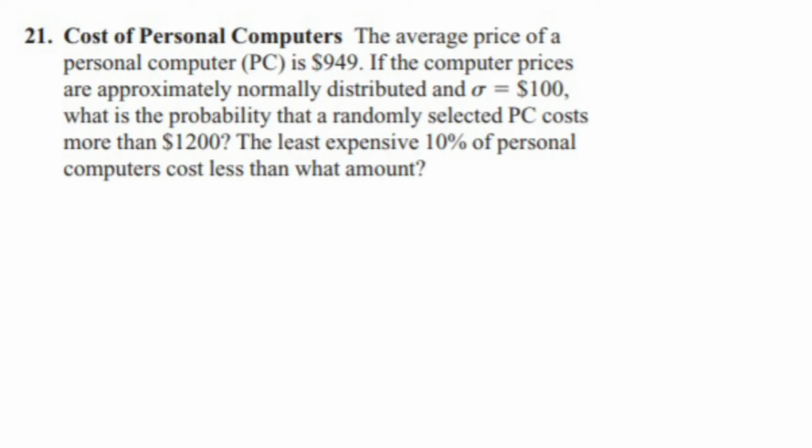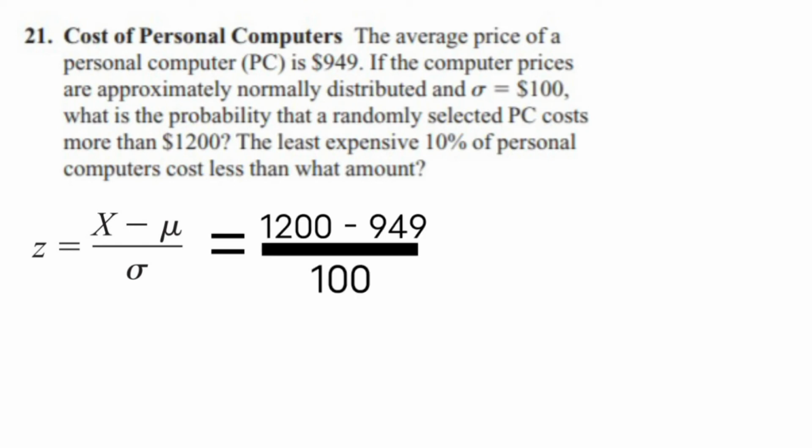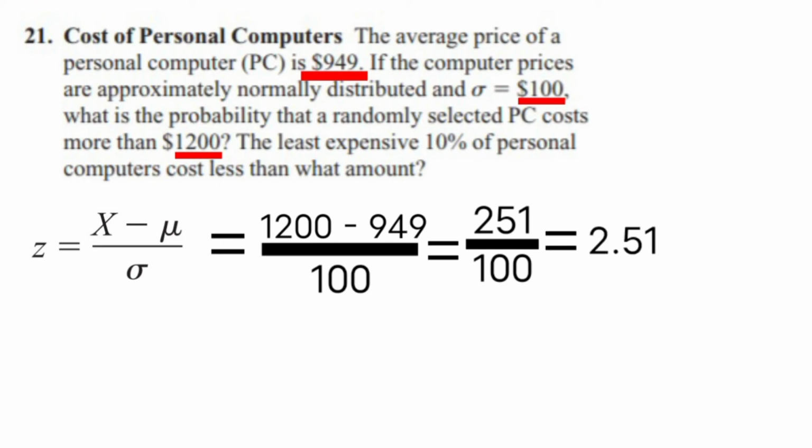So here, let X be the amount a least expensive PC can cost. So z is equal to x minus the mean divided by standard deviation. So we will have 1,200 minus 949 divided by 100. So we will have 251 over 100, and 251 divided by 100 is equal to 2.51.